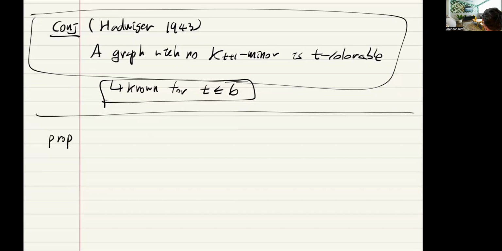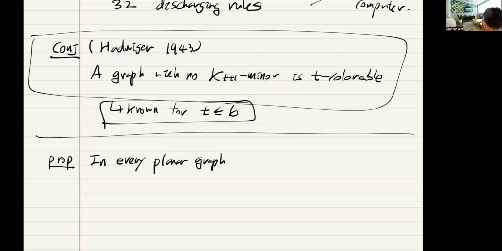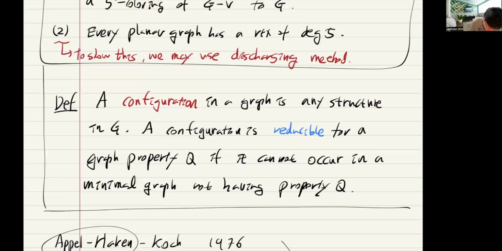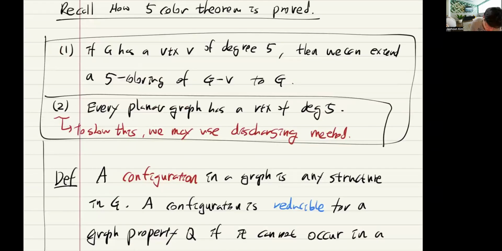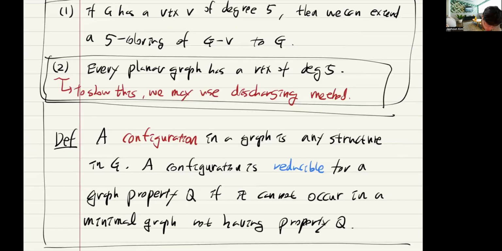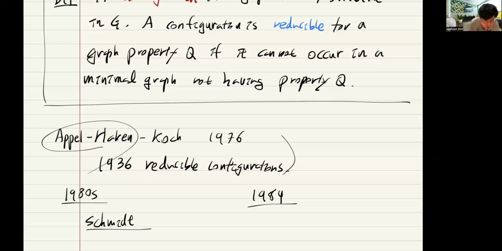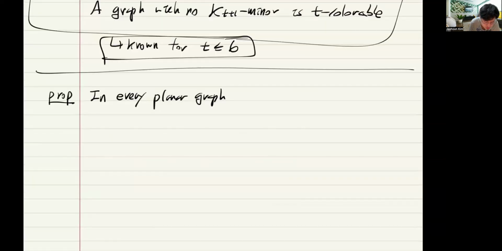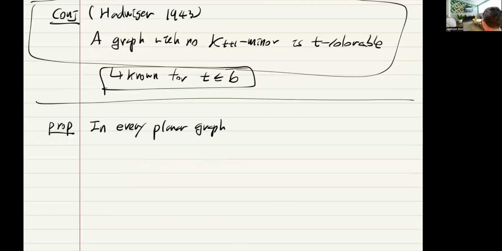And let's see what this discharging method is. Let's say you want to prove such a statement in, say, every planar graph. Again, what is the discharging method? It's a method to prove this second goal. For certain reducible configurations, we want to show that one of them exists in a planar graph.